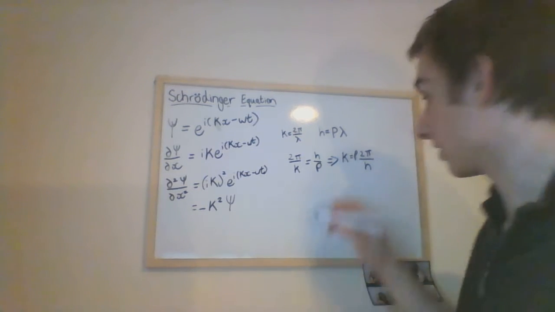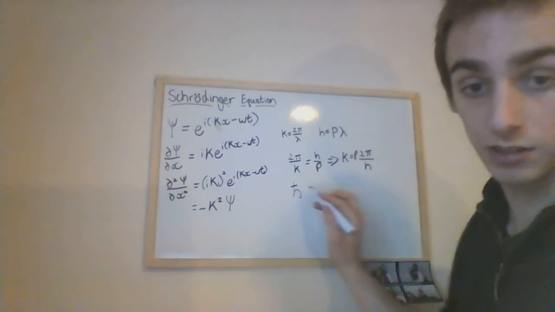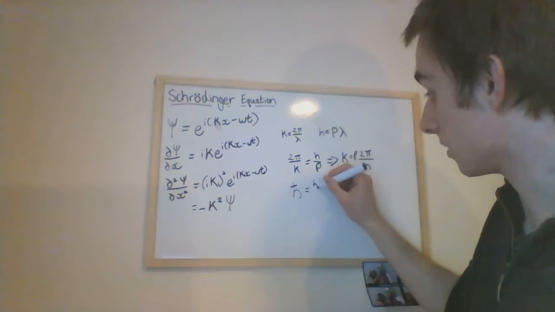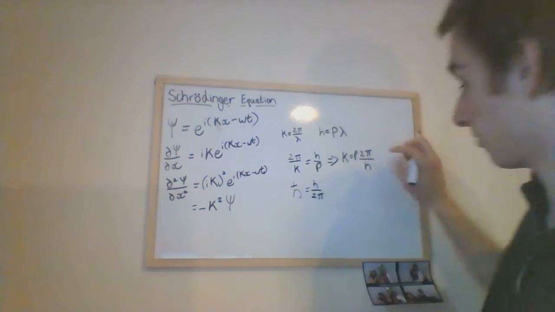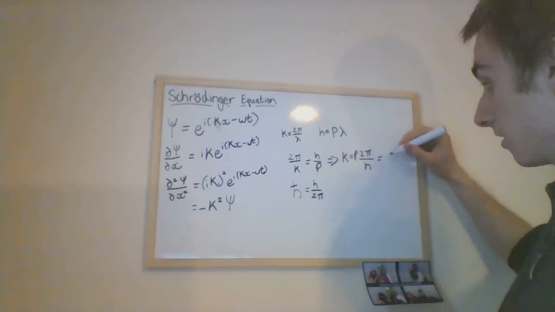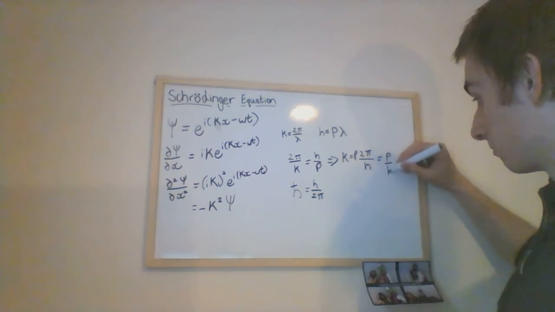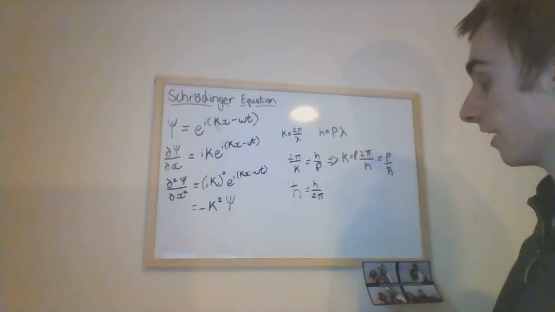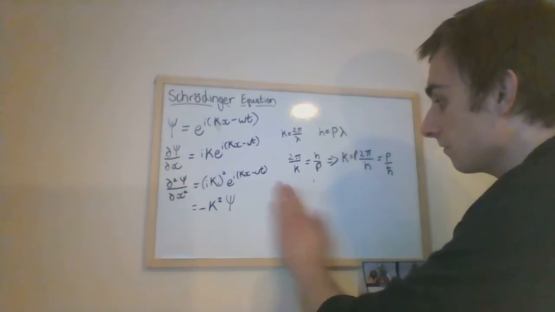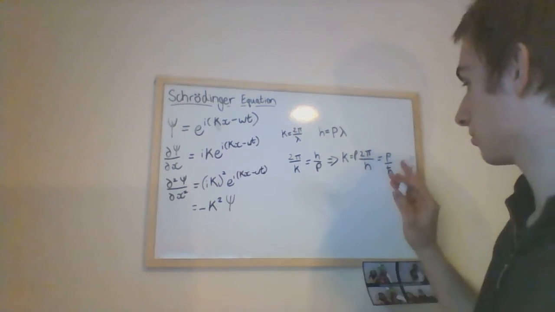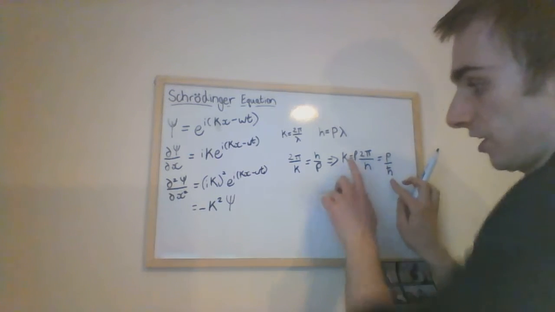And remember earlier I said that the modified Planck's constant, h bar, is equal to h divided by 2 pi. So that's that upside down, so we have k equals p divided by h bar. So that's an expression for k.